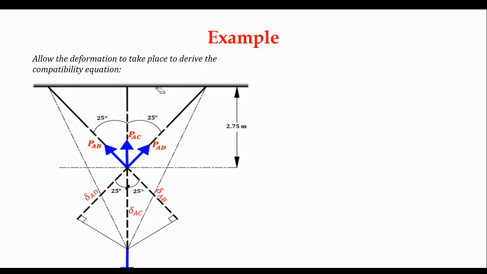If their inclination with respect to the horizontal is 25 degrees, right? So, what can we say? If this is 25, this is 65.